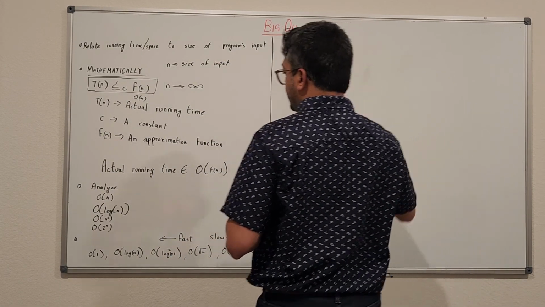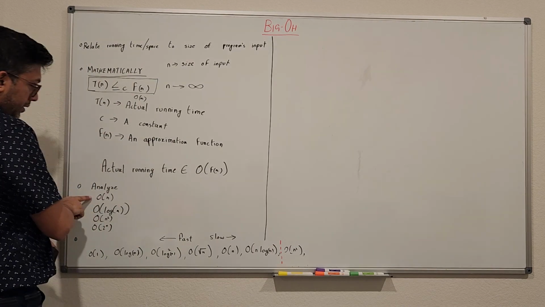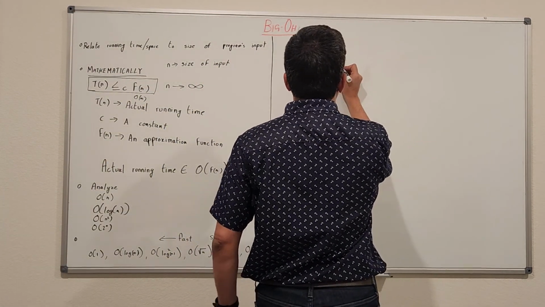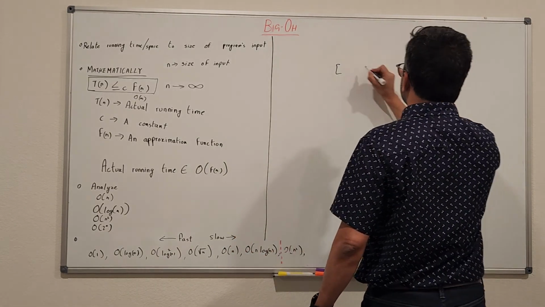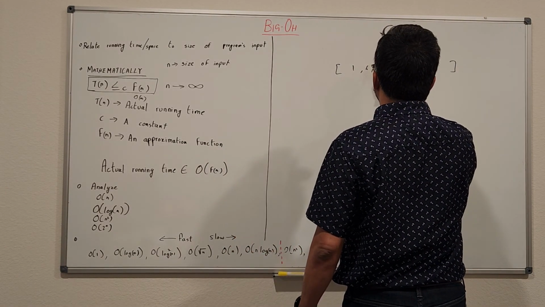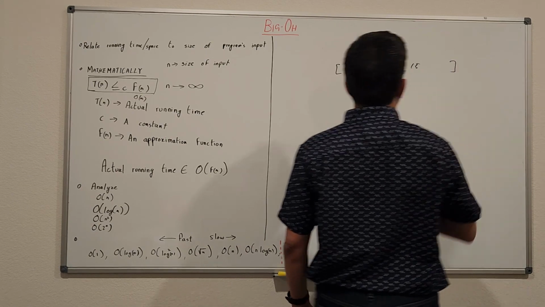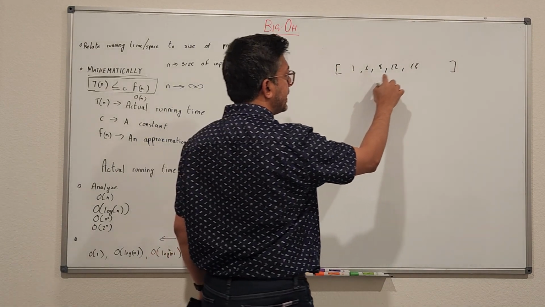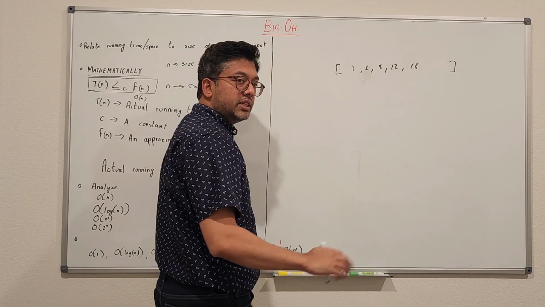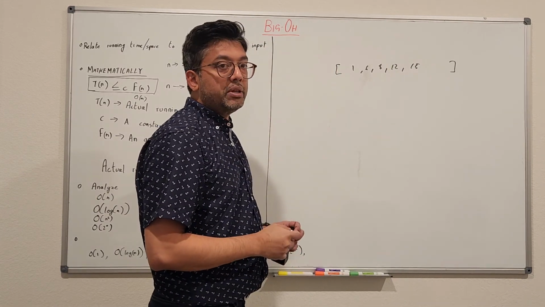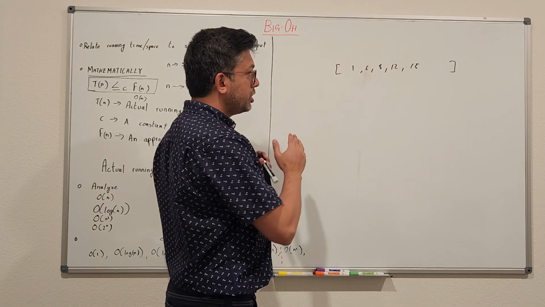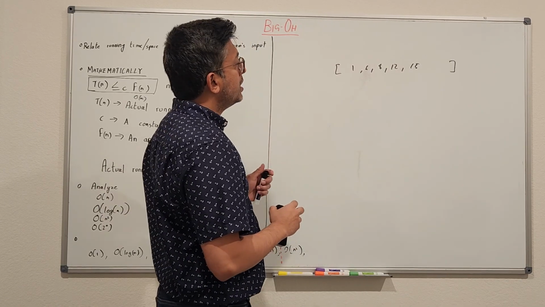Now let's look at BigO of n. Suppose you have an array: 1, 6, 8, 12, 15. If your code goes through every single item and prints it out, that will be BigO of n, because the time taken is proportional to the number of elements.